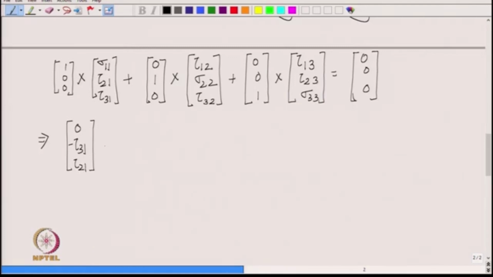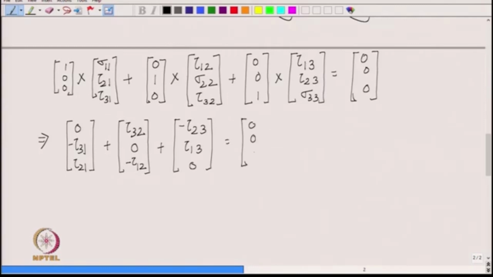Then the second term gives me tau 3 2, then 0, and minus tau 1 2. And then the third one gives us minus tau 2 3, tau 1 3 and 0. And this is then equal to 0.